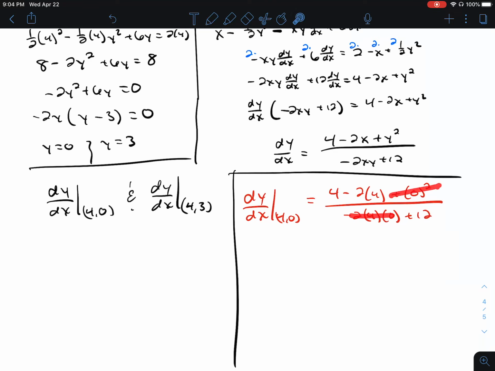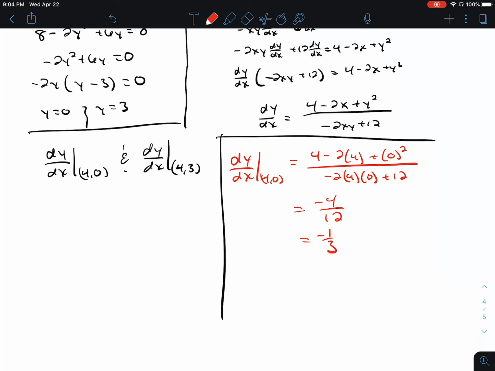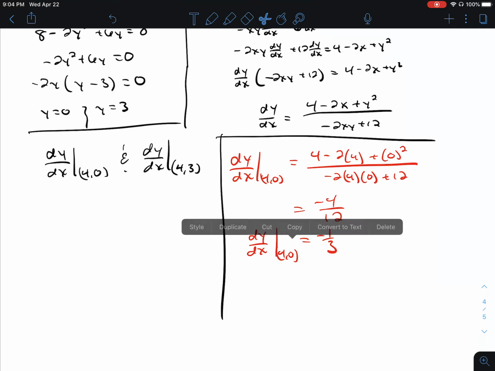This is 0, this is 0. This is 4 minus 8, which is negative 4 on the top, and a 12 on the bottom. One of our answers is negative 1/3. So dy over dx, evaluated at (4, 0), is negative 1/3.